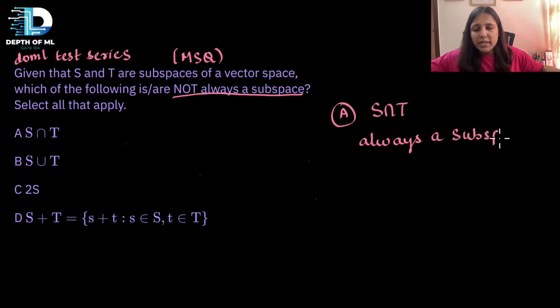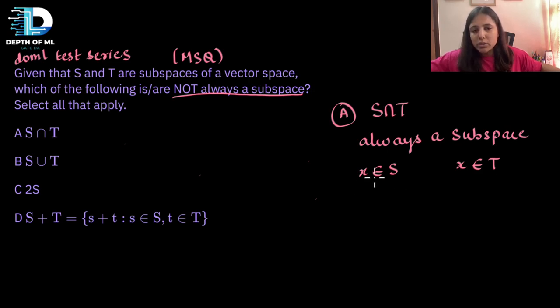You can very easily prove this. Let's say X belongs to S and X belongs to T. Then definitely this will belong to the intersection, right?